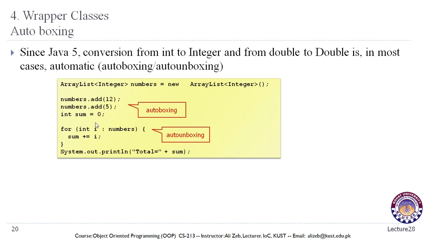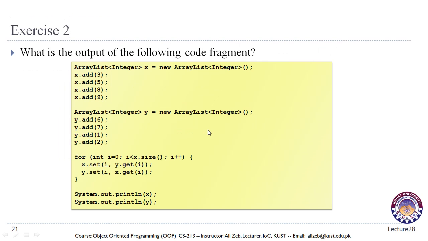And now we are going through the numbers, and these are being converted from Integer objects back to int values automatically, and this process is called auto-unboxing.